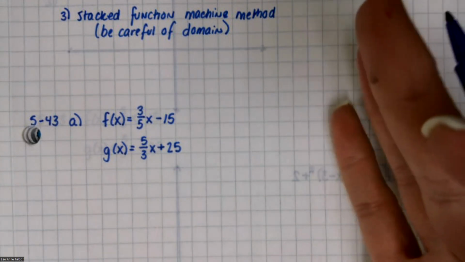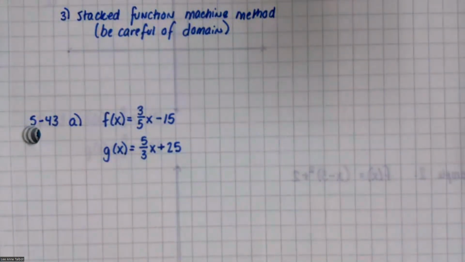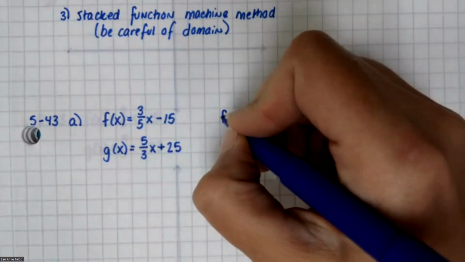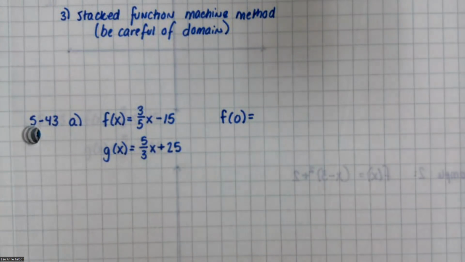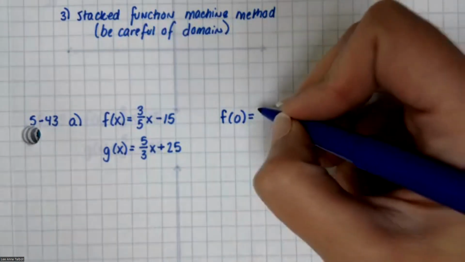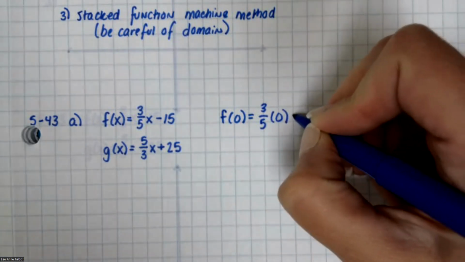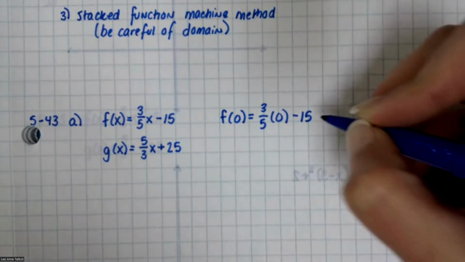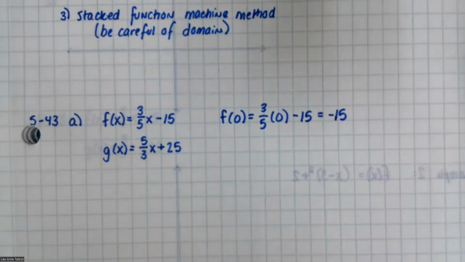And I know you guys can do the other ones, although these are harder to find the inverse. I'm just going to pick 0. We're going to see if it works. I like to try 0. Sometimes 0 works, sometimes it doesn't. It just depends on the type of function you have. But you would know. So 3/5 times 0 minus 15 equals negative 15.